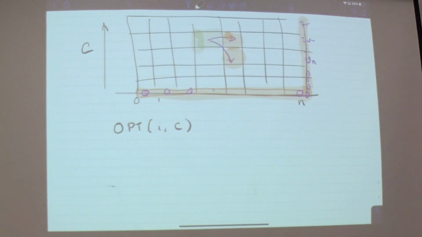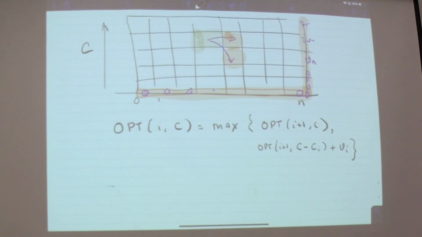Now I'm writing in the language of the indexing of the table, is equal to max of opt(I plus 1, C) and opt(I plus 1, C minus Ci) plus Vi. Okay? And this is the precise formulation of how we're going to update the table.